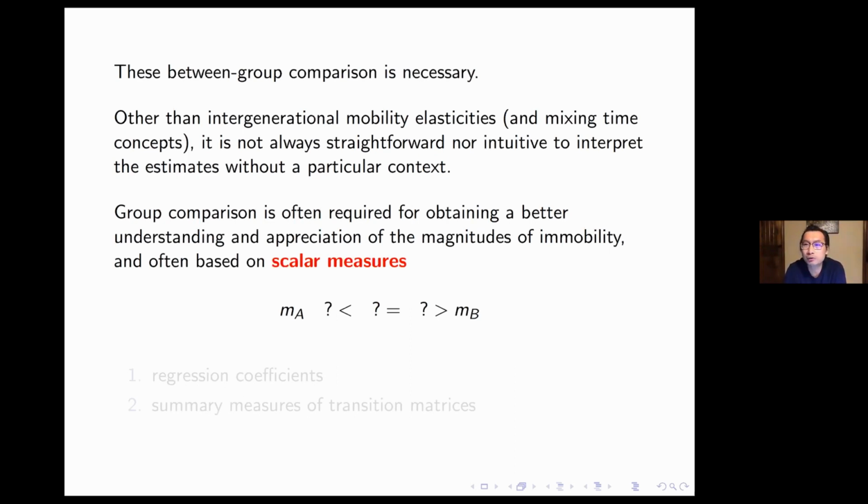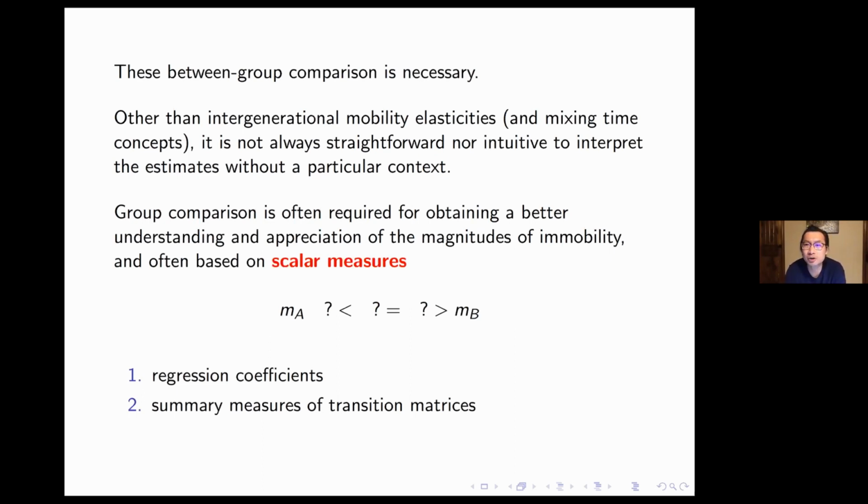So when we're doing the group comparison, one thing that we cannot get away from is that we have to base our discussions on scalar measures, right? M_A, mobility for group A, M_B, mobility for group B. And we're trying to compare them and see whether one is greater, smaller or equal to the other. So that is what we have been doing using the linear regression coefficients, or some type of summary measures of transition matrices.